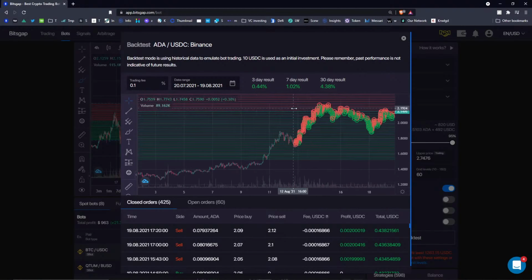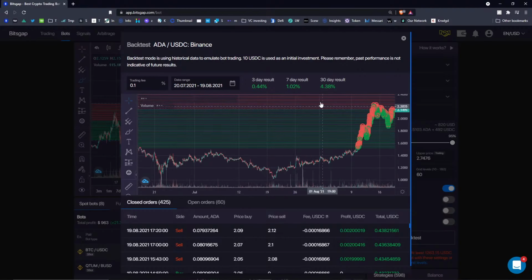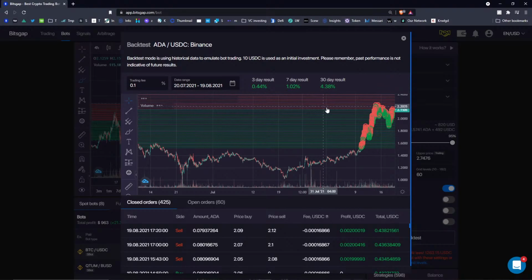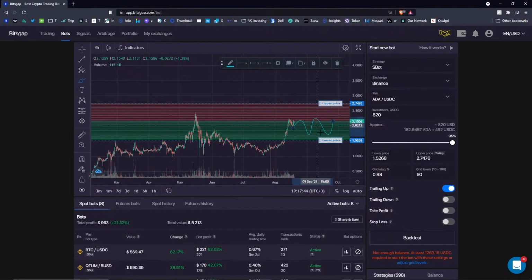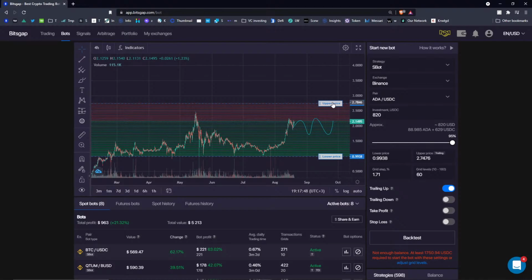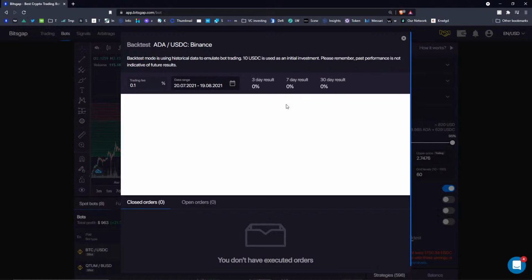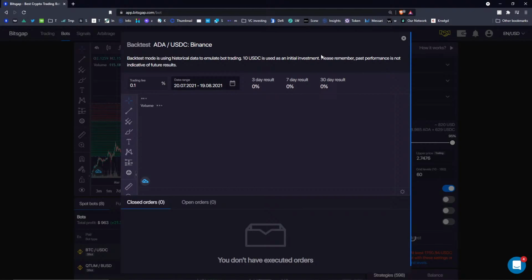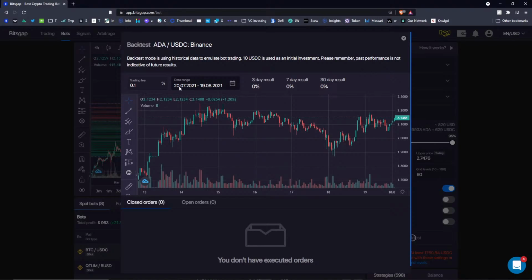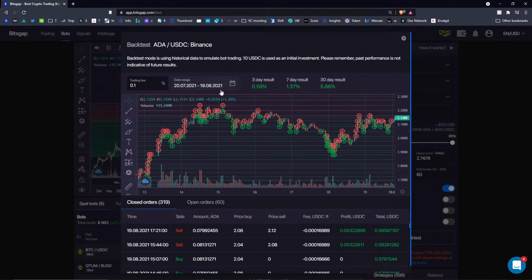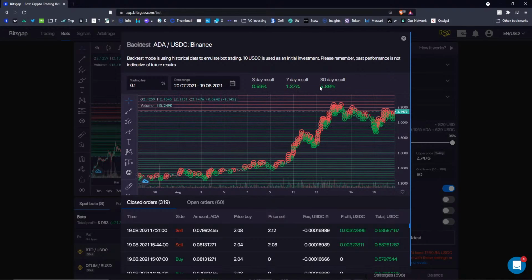So the outcome would be, no, actually, let's choose a wider gap, maybe lower over here. Yeah, and let's backtest now. So on this time period from the 20th of July, it would bring me 5.86% of the return.